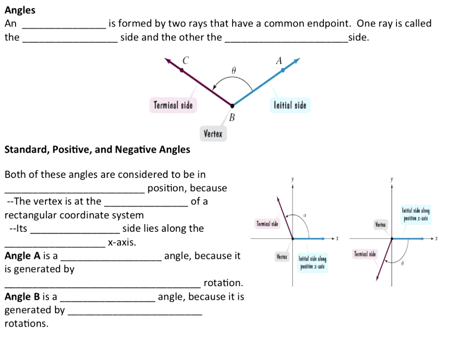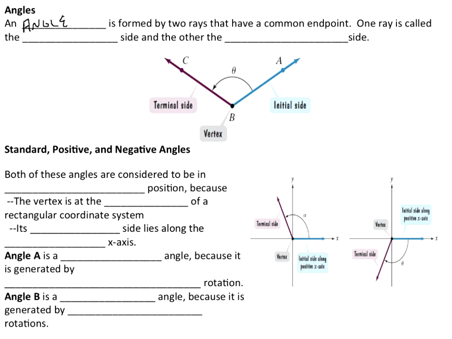All right, so let's get going on angles. An angle is formed by two rays that have a common endpoint. I'm sure we're familiar with what a ray is: just a one-directional line. You have an endpoint on one end and then an arrow on the other moving into infinity.